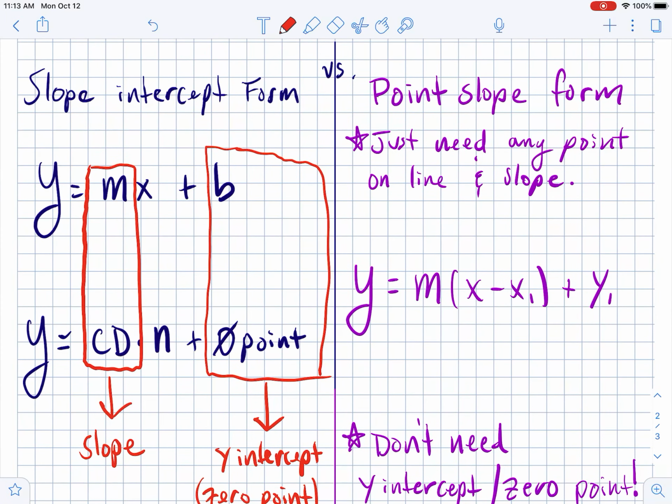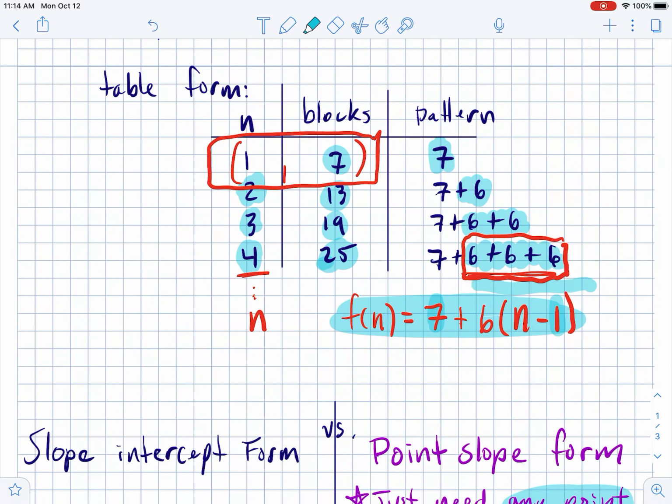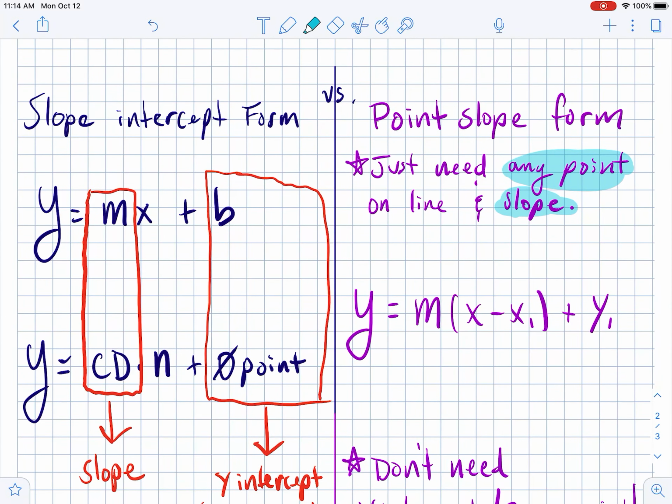Now, point-slope form is useful sometimes because you just need any point that's on the line and the slope. You don't need the 0 point or the y-intercept. Up here, I found this equation by not using the 0 point at all. We just used this point, 1, 7.